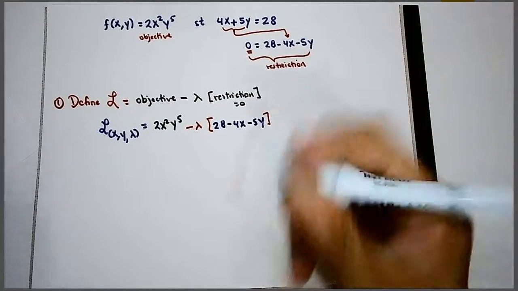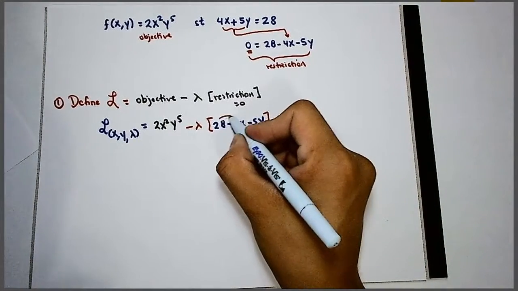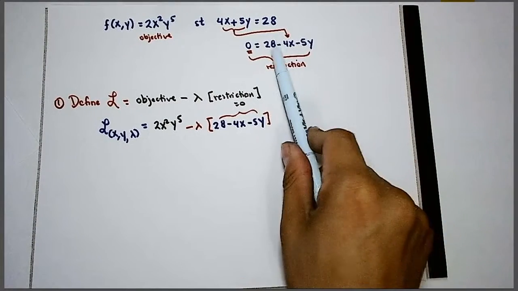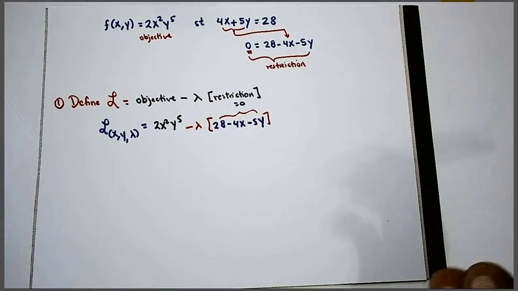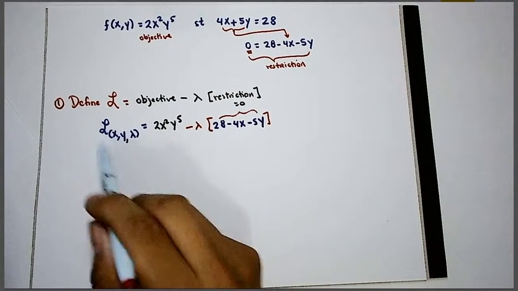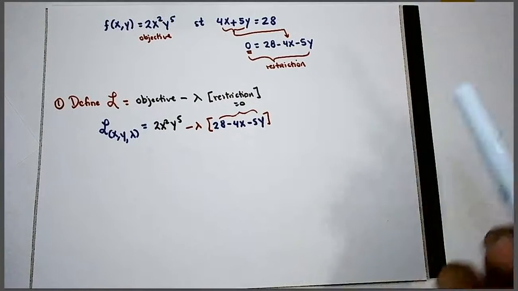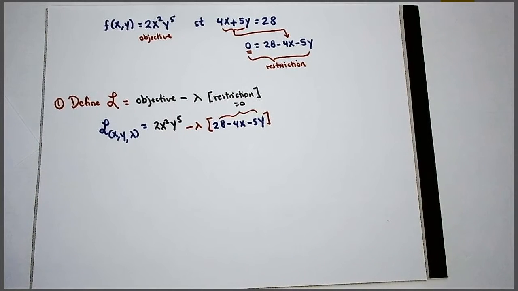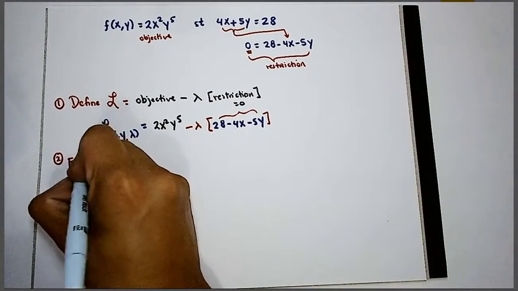This is like subtracting a value of 0 because, as you can see here, 28 minus 4x minus 5y is simply 0. So in other words, optimizing the Lagrange function is the same as optimizing the objective function. And then we proceed with the first order conditions.